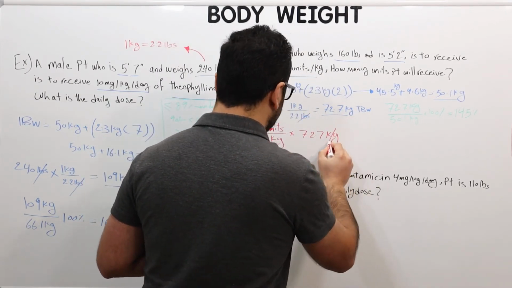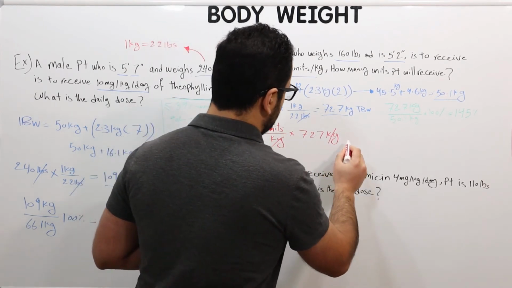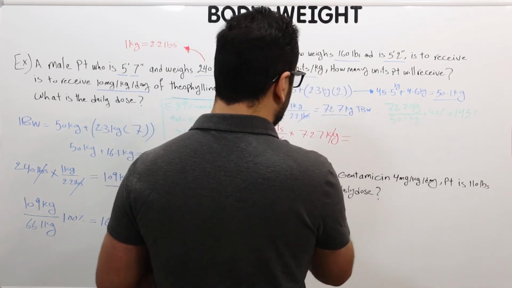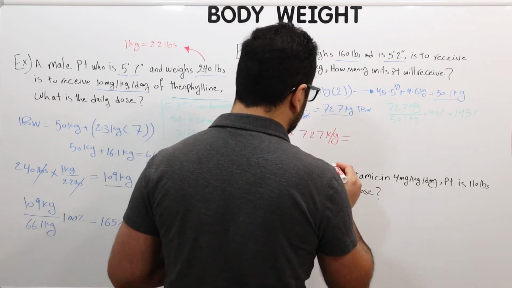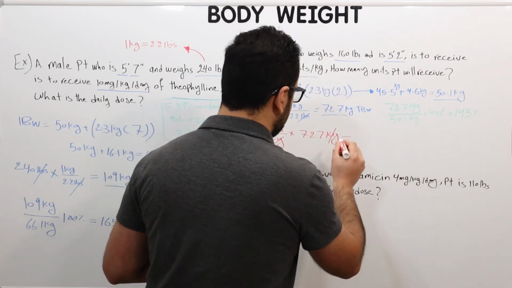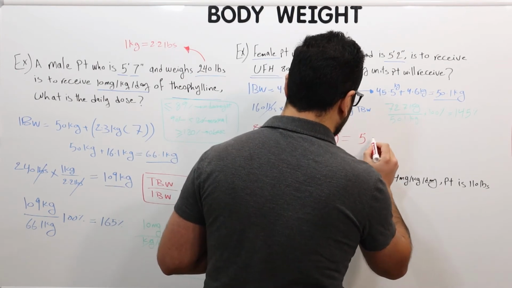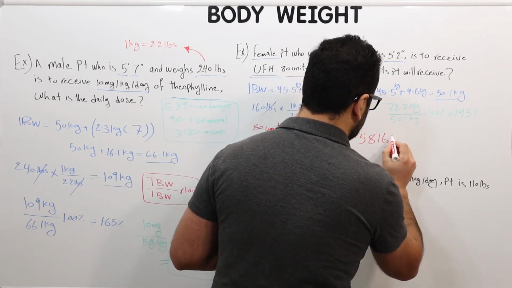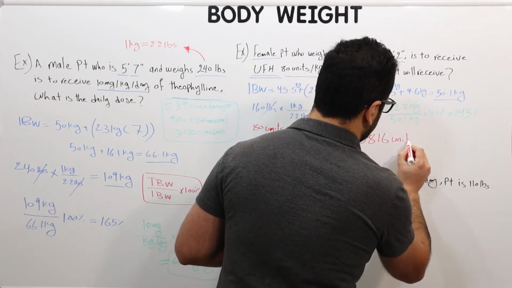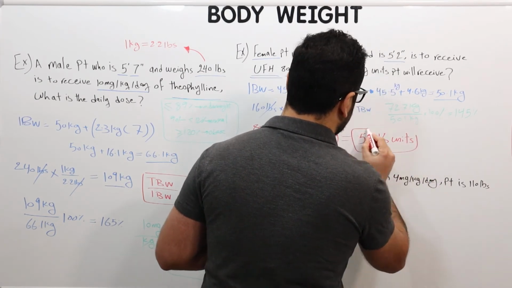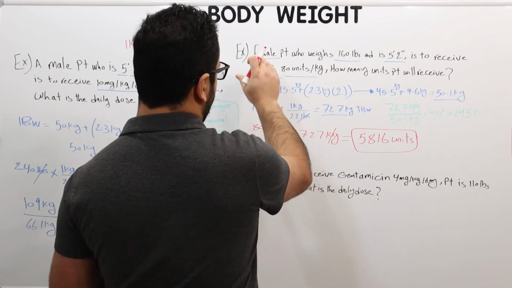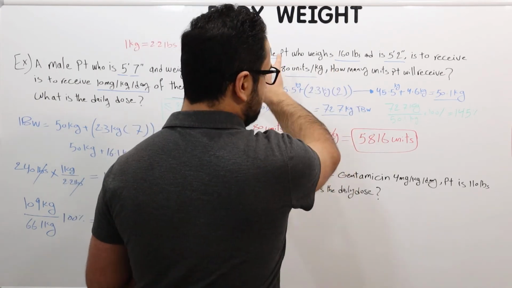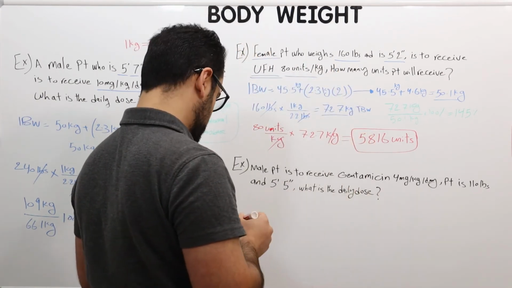So kilogram goes with kilograms, right? Now 80 units times 72.7. If you plug this into the calculator, you should end up with 5,816 units. And this is the number of units the patient will be receiving of unfractionated heparin. And this is the answer to this question.